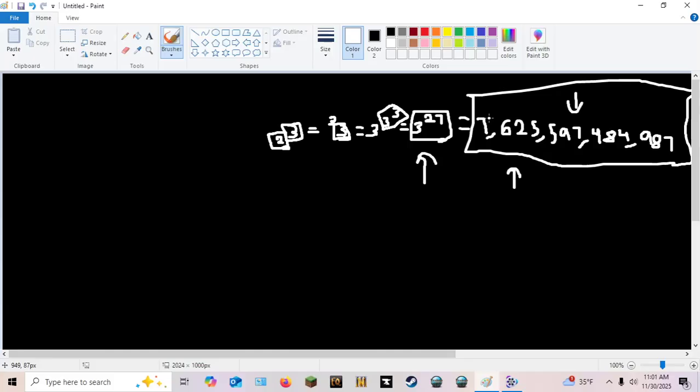This should equal, this is the hundreds place, this is the 100,000s place, this is the 100 millions place, that's the 100 billions place. So that should equal 7 trillion 625 billion 597 million 484,987. That's so large, you know?